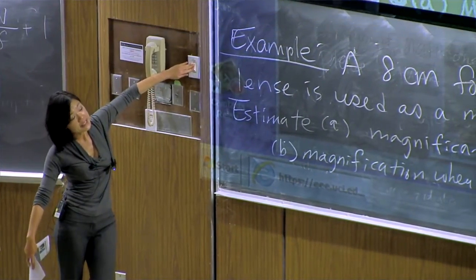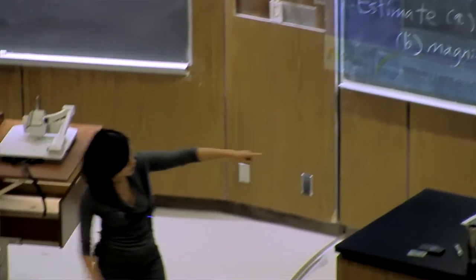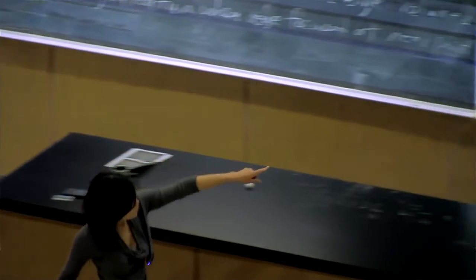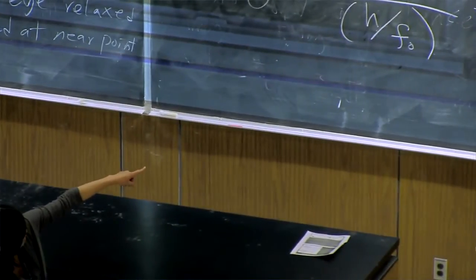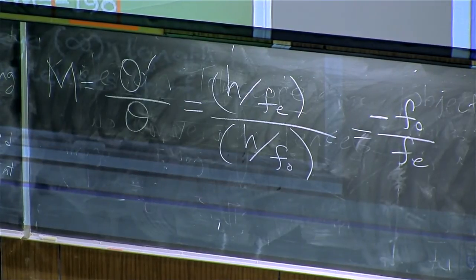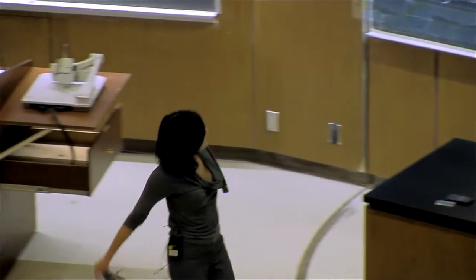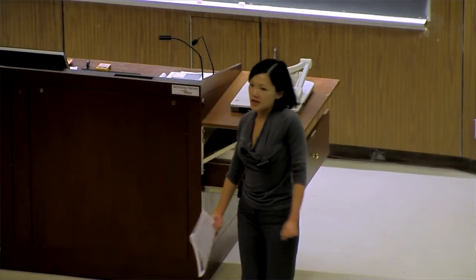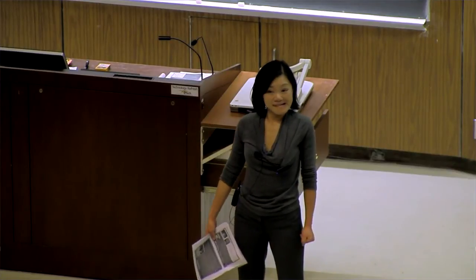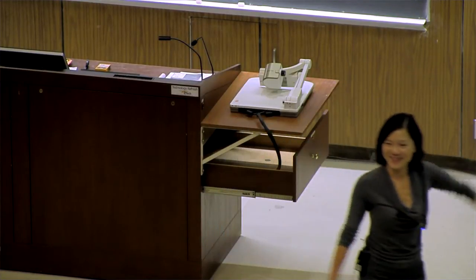The magnifying power is given by the ratio of the focal length of your objective lens to the focal length of the eyepiece. So that's the first part. What is the length of the telescope? Now the answer is blocked.